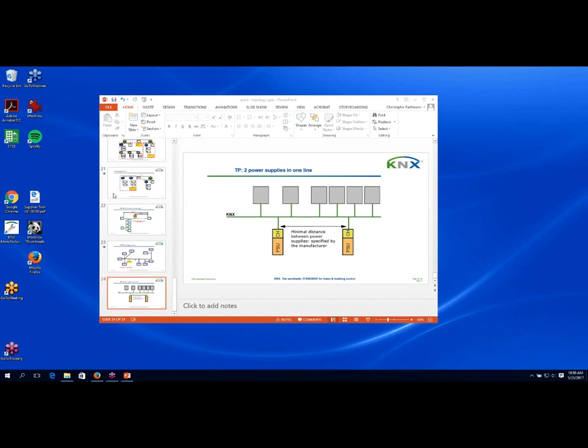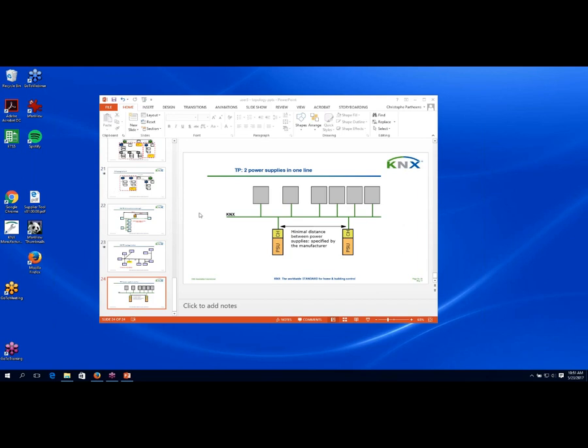The difference between an IP coupler, an IP router, and an IP interface: between a coupler and a router, these are synonyms. Coupler and router, synonym. Interface could be a feature of a coupler.